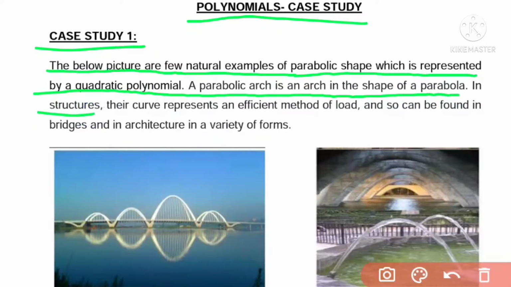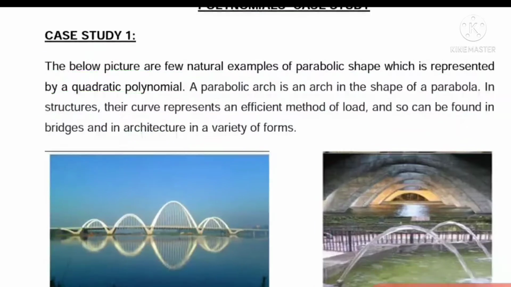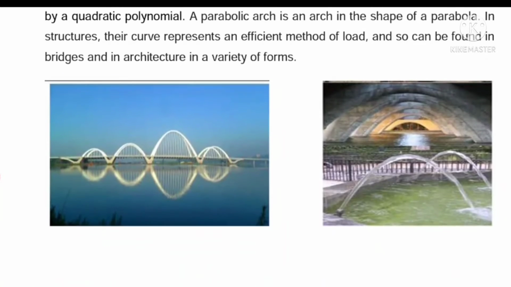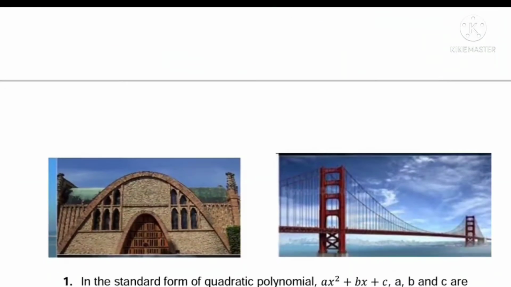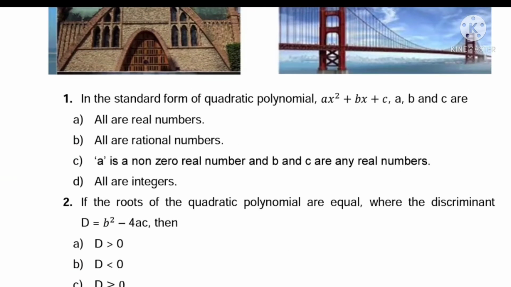In structures, their curve represent an efficient method of load and so can be found in bridges and in architecture in variety of forms. We can see all these pictures of a parabola form. So look here, these all pictures are very good pictures.